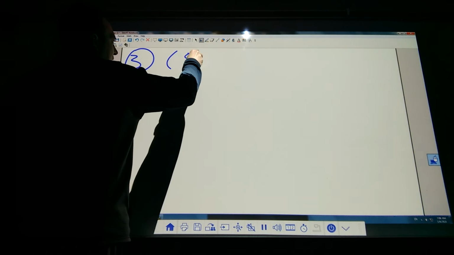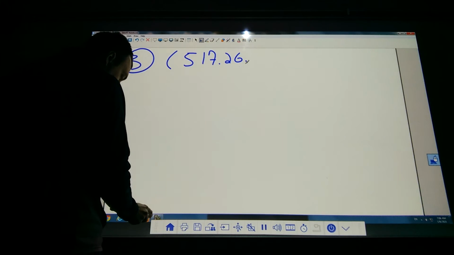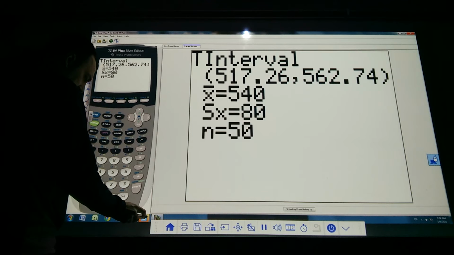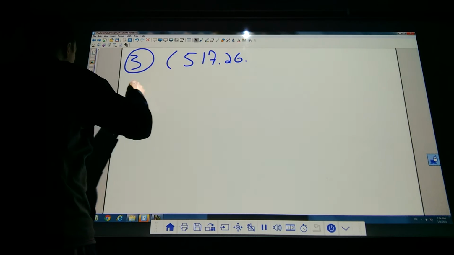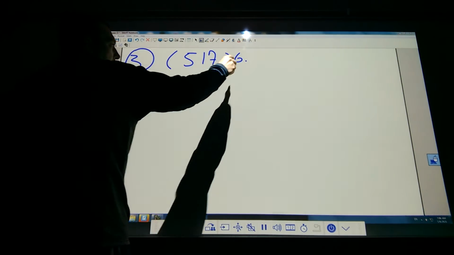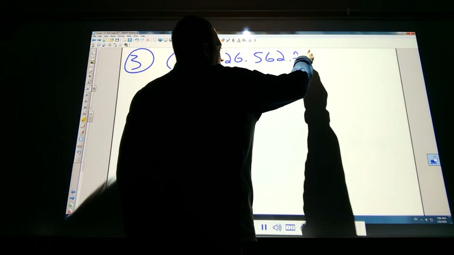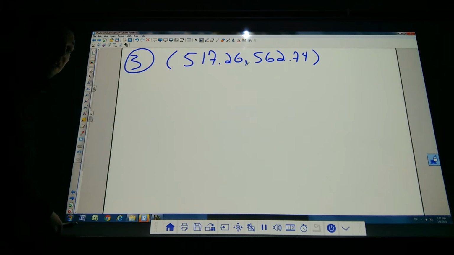What was the other one? 562.74. And that is step 3. Can I use our calculator correctly?